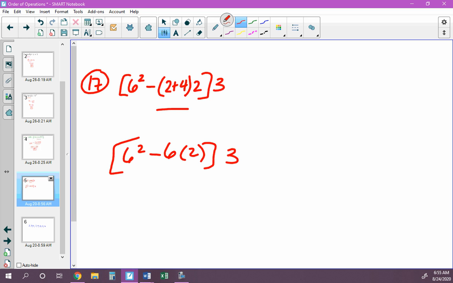Okay, so I've still got a set of brackets here, which obviously I need to work inside there first. Some of you might pick to do 6 times 2 because the 2 is in parentheses, but remember that just represents multiplication. That's not an actual parenthesis. So the next thing I want to do is this 6 squared because that would be the next in the order of operations. So 6 squared is 36. Just rewrite everything else.